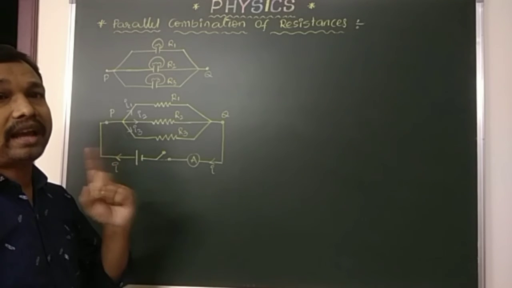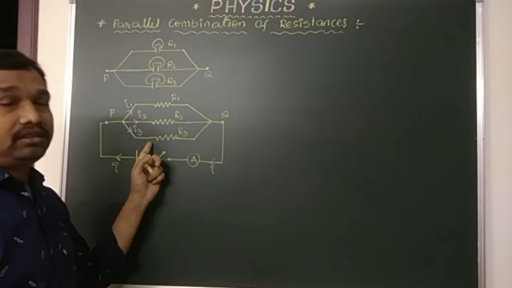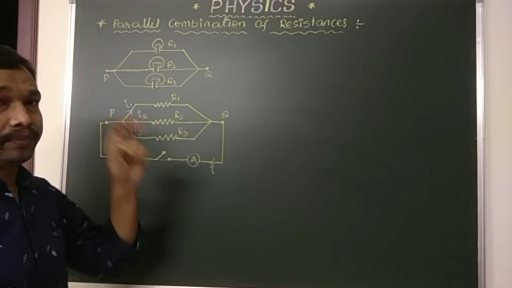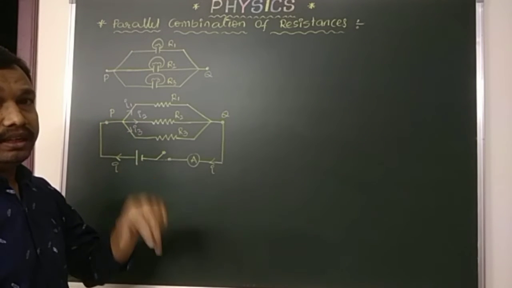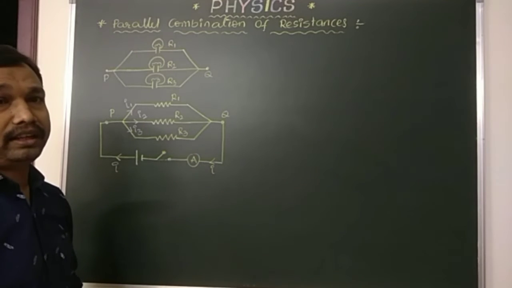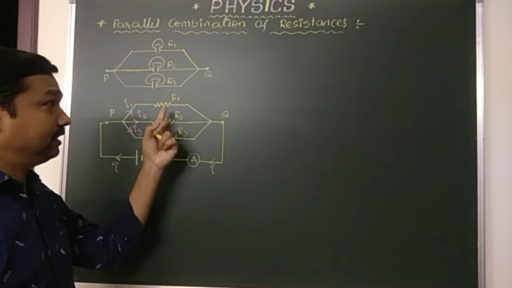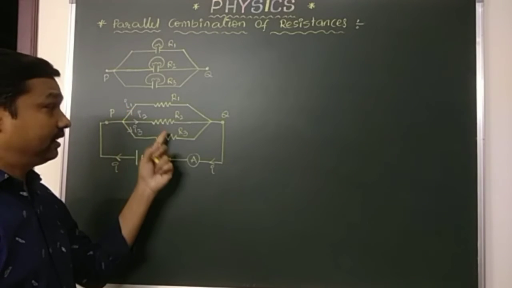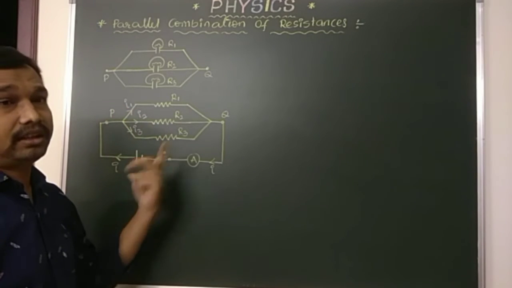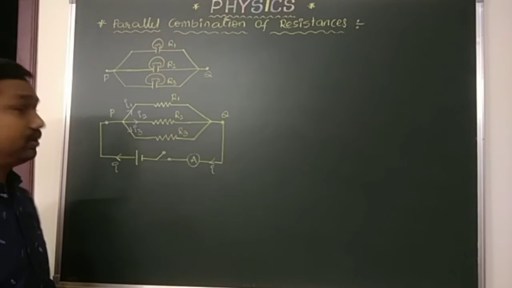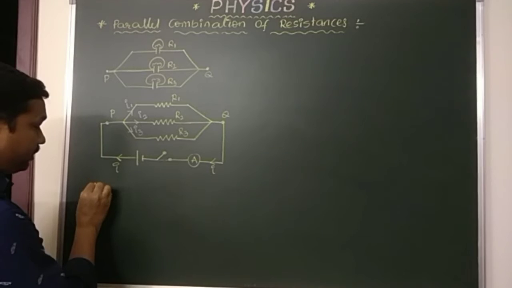V equals I1 R1 and V equals I3 R3. If one is increasing, the second decreases; if the second is decreasing, the first will increase. So the product remains constant. Resistance increases, current decreases; resistance decreases, current increases, but the product remains constant. So potential difference is constant, which gives you the first point.